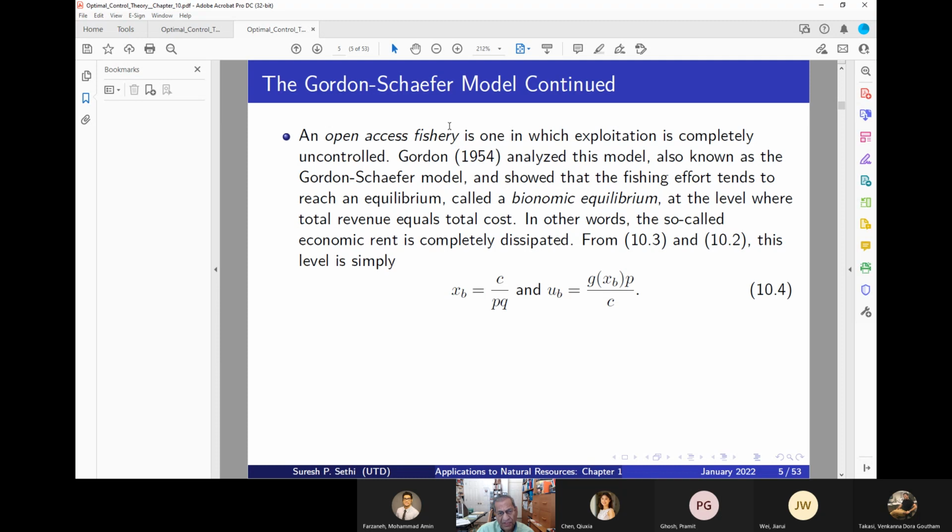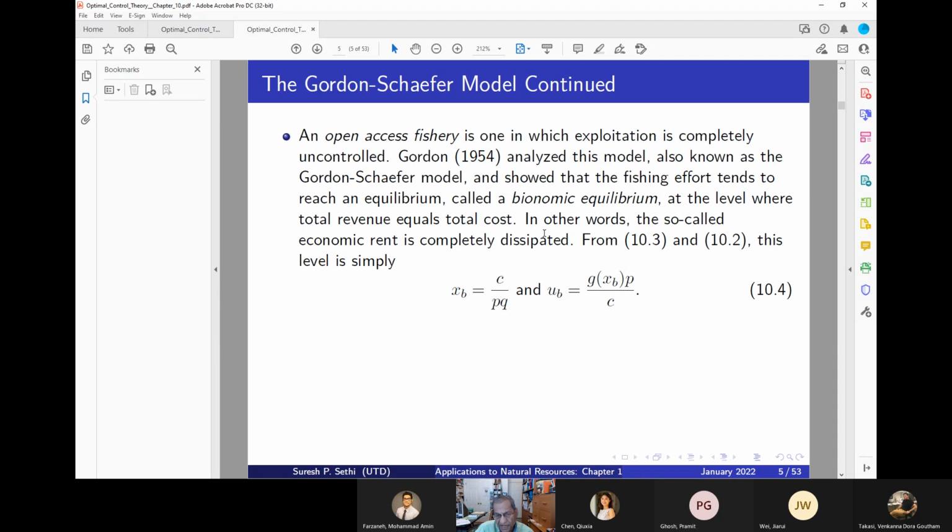So what Gordon Schaefer said is that if there's an open access fishery, because every Tom, Dick, and Harry is going to go and fish there, then in the end there is something called the bionomic equilibrium. The bionomic equilibrium is the equilibrium where the total revenue equals total cost. So basically, all the rent dissipates.